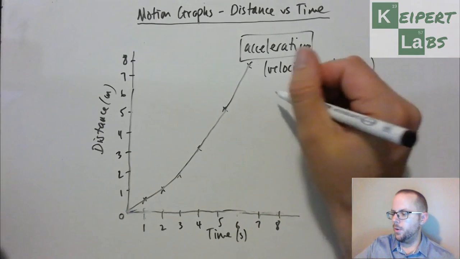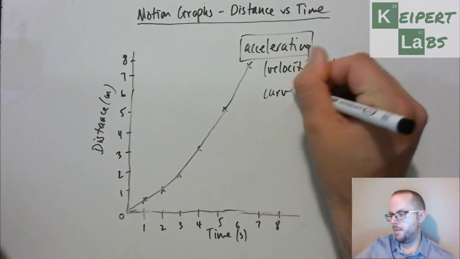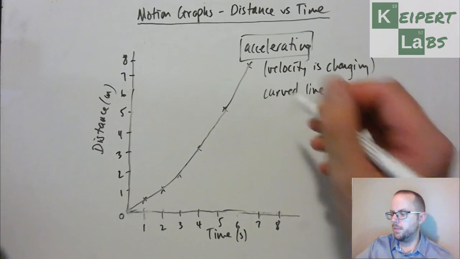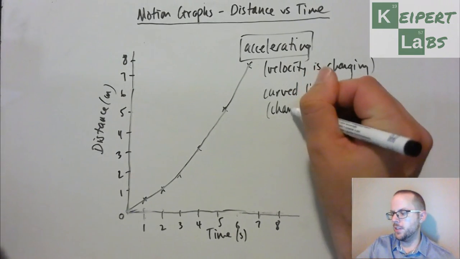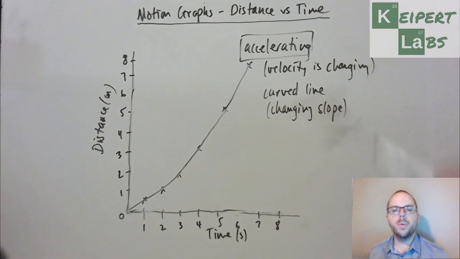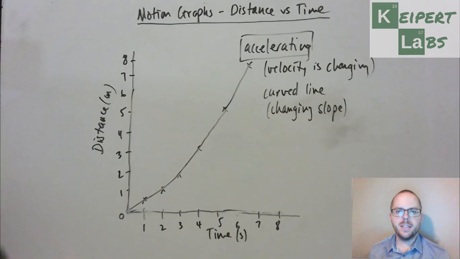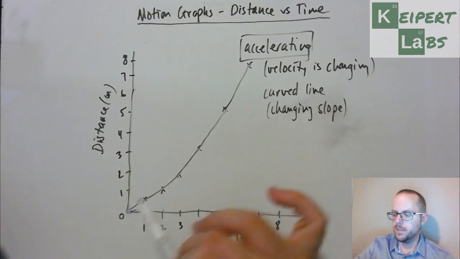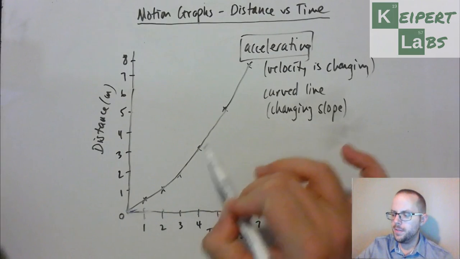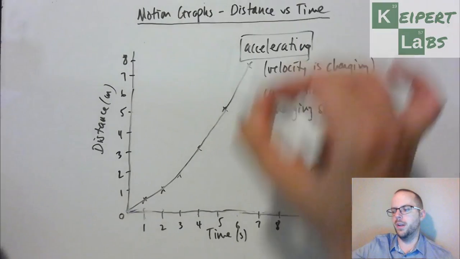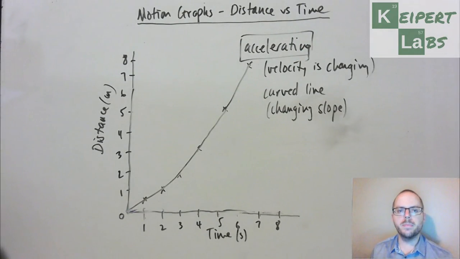Okay, so we get a curved line that indicates the changing slope. When we said that the slope of the line relates to how fast it's going, as it's getting faster and faster, that line should be getting steeper and steeper. So the line joining these points gets steeper and steeper as you get further along, as it continues to speed up.